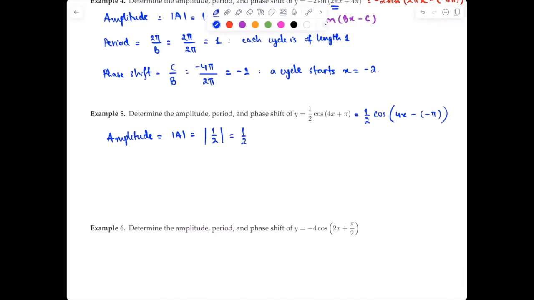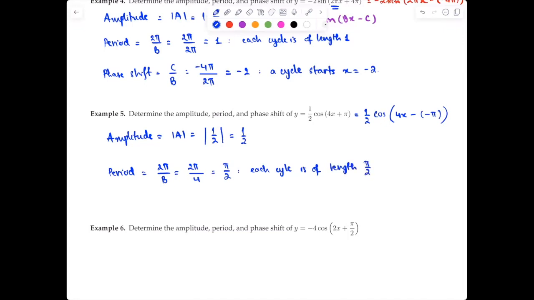Okay, so the amplitude is equal to the absolute value of a, or the absolute value of 1/2, which is equal to 1/2. The period is equal to 2 pi over b, or this is 2 pi over 4. It's equal to pi over 2. That means each cycle is of length pi over 2.